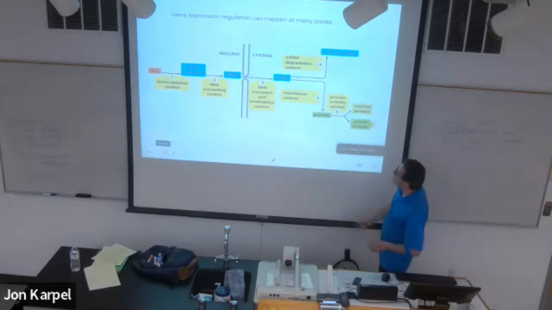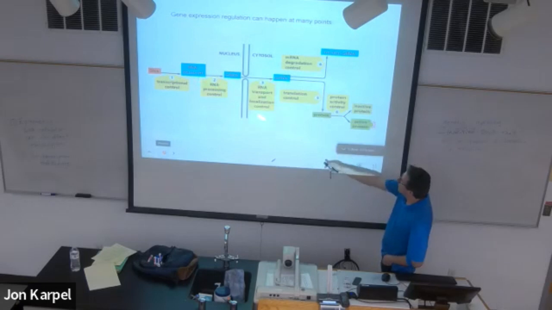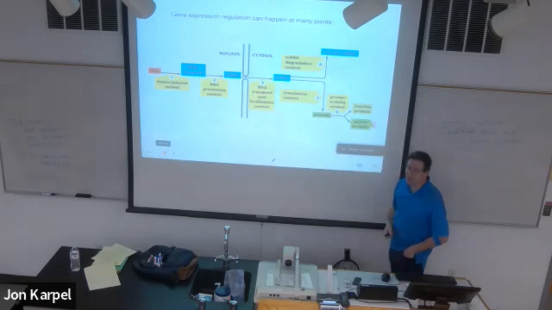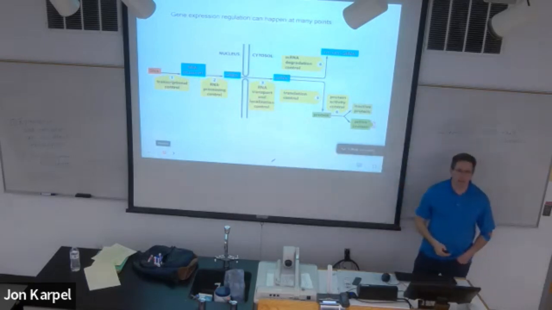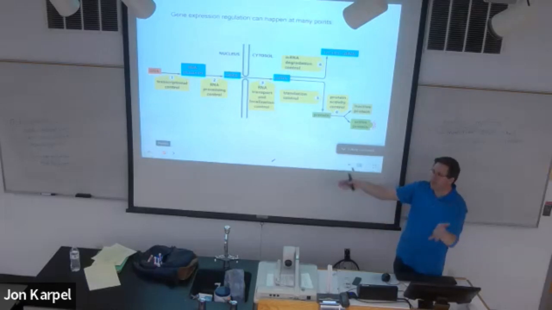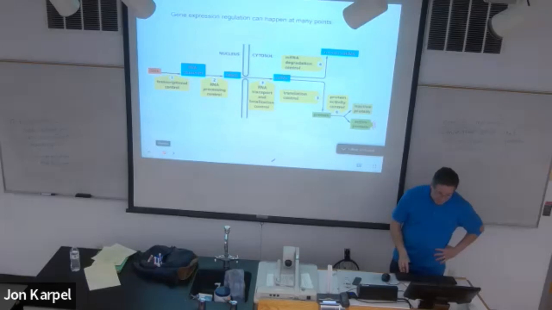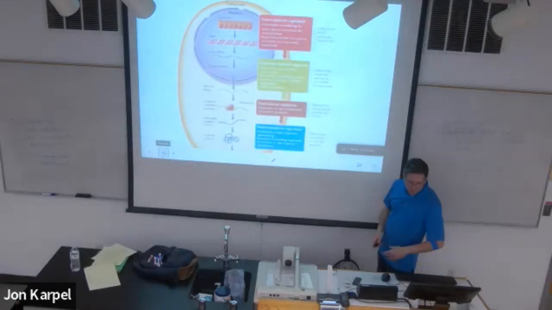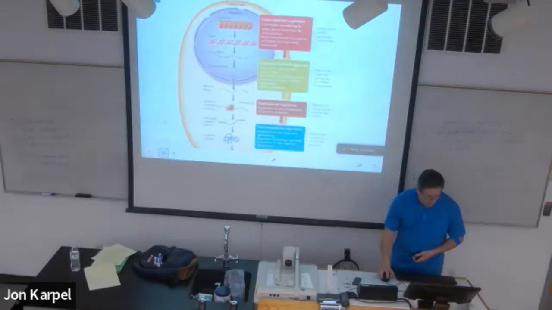Because there's a lot of stuff. Not only is there processing, but there's also a lot of localization. So where are the RNAs? Sometimes they can be masked. And they can be silenced until a certain point, and then they can be basically unmasked and allowed to be translated. So it's a lot of stuff that can go along with this.